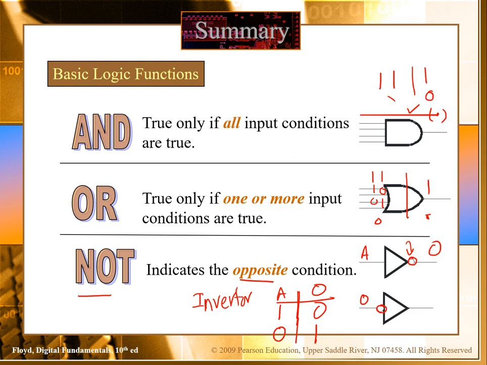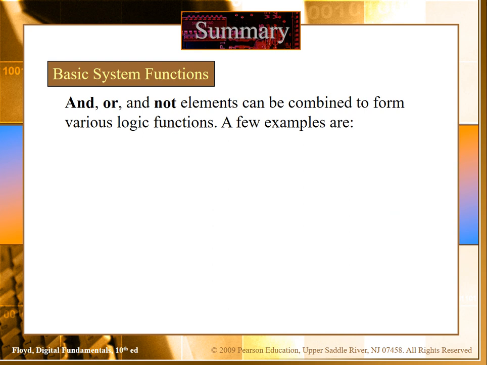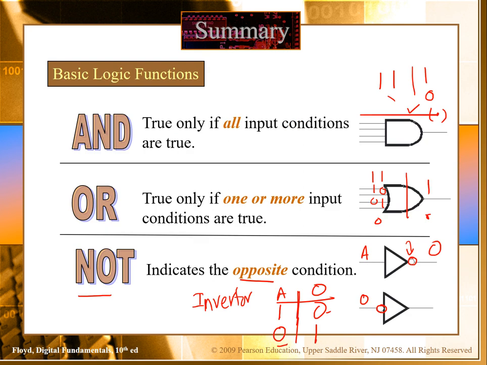And the NOT gate is just the inverter operation, the inverse of whatever input. If you are getting input 1, output will be 0. If you are getting input 0, output will be 1. We will see more details in chapter 3 of this book.